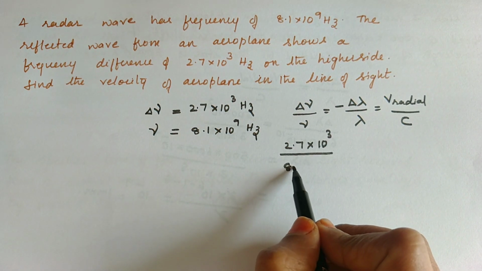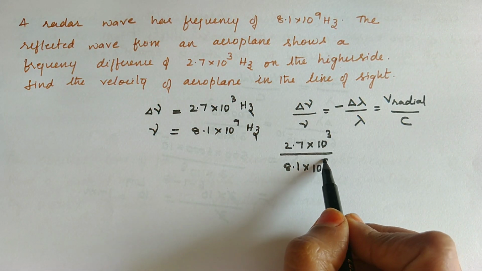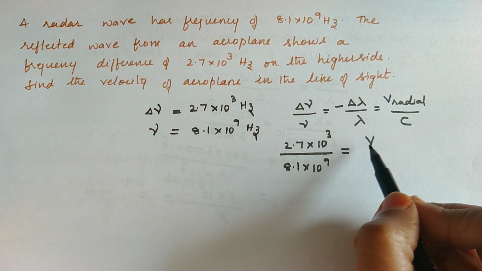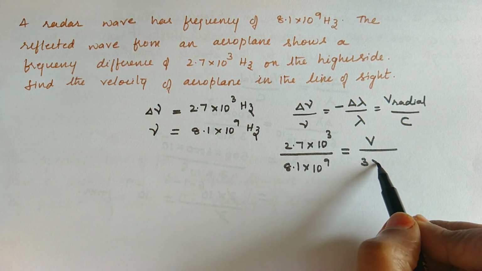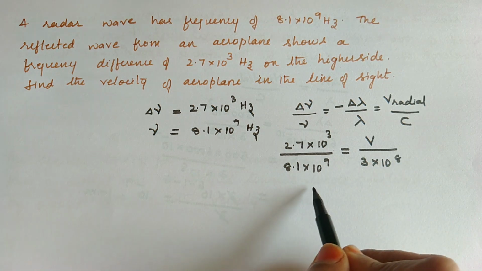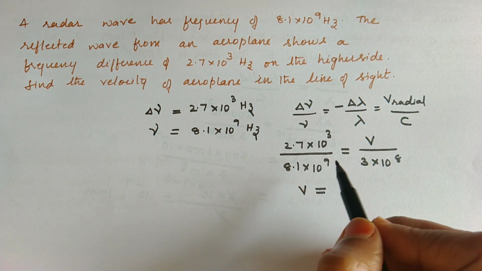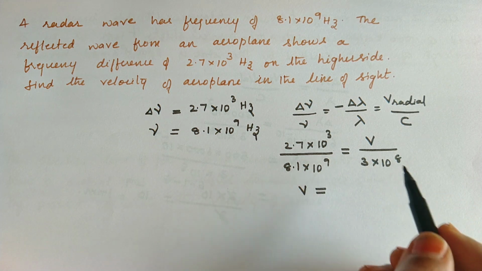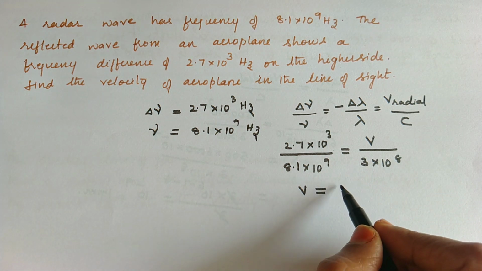Incident frequency is 8.1 into 10 to the power 9, which should be equal to V, the speed of the aeroplane in the line of sight, by 3 into 10 to the power 8. Almost all the questions will be using the same relation until and unless the speed of the object is very high. Then we go for relativistic Doppler effect.